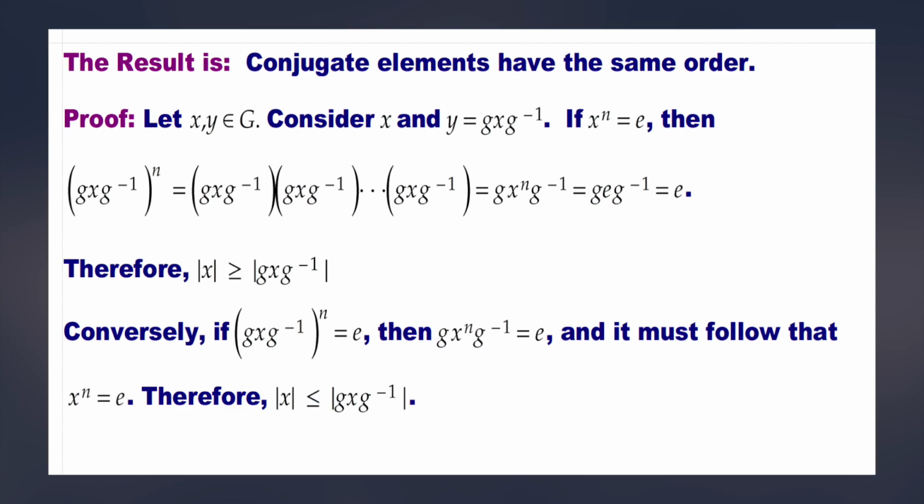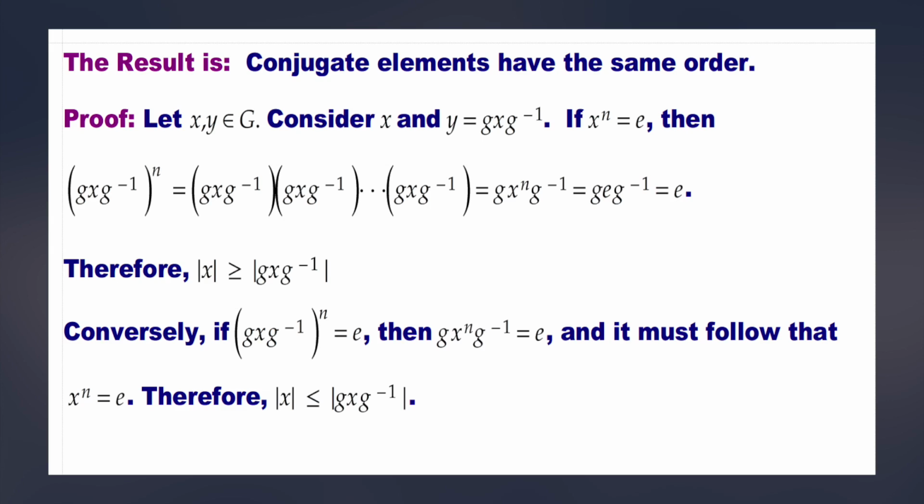Conversely, if Gx G inverse the whole power n is equal to identity, then G x power n G inverse is equal to identity, then it must follow that x power n is equal to identity.